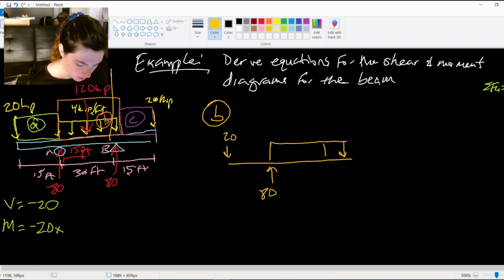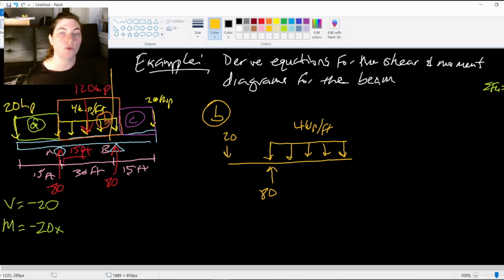We're cutting through it. It's 4 kips per foot, but we are cutting through it, so its resultant force is going to be changing. Its resultant force is always going to be in terms of x. So let me show you what I mean by that.